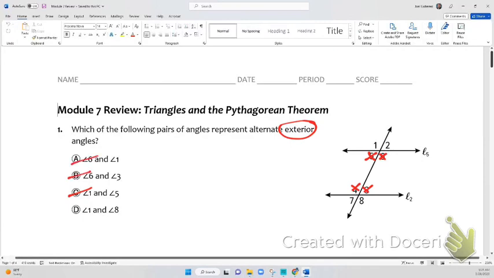Notice, I just canceled out the 5s, the 6s, and the 3s. The only question that is left is letter D, and this one includes numbers 1 and 8. 1 and 8 are on the outside, and more importantly, they are alternating because one's on the left, the other one's on the right, so the answer to number 1 is letter D.